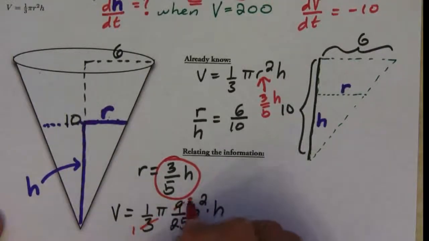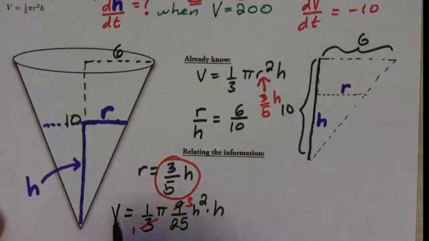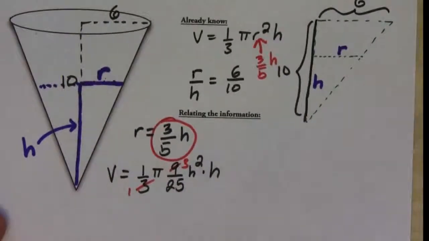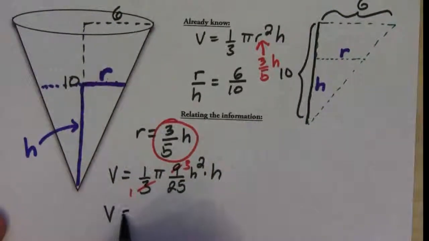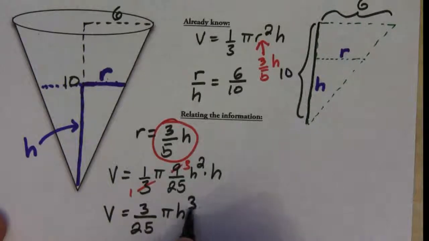And so I can simplify this a little bit. If I simplify that, I'm going to get that the volume is equal to 3 over 25 pi H cubed.